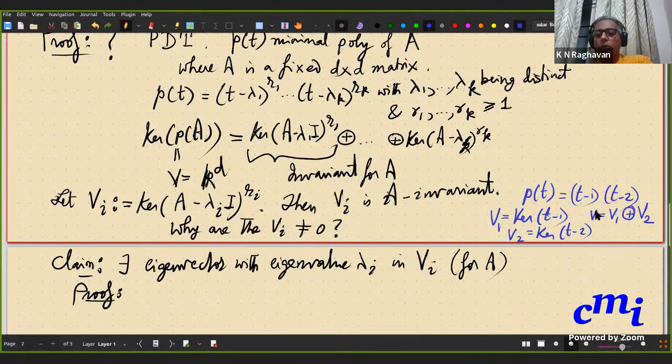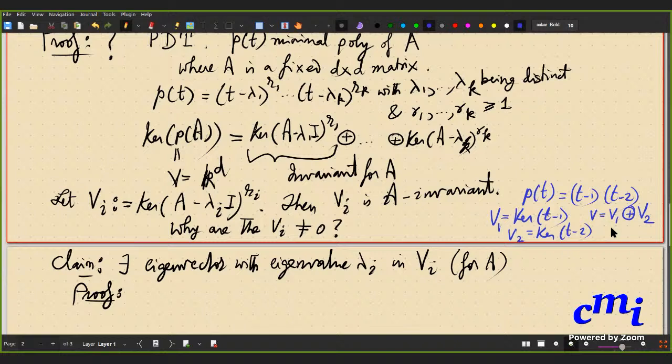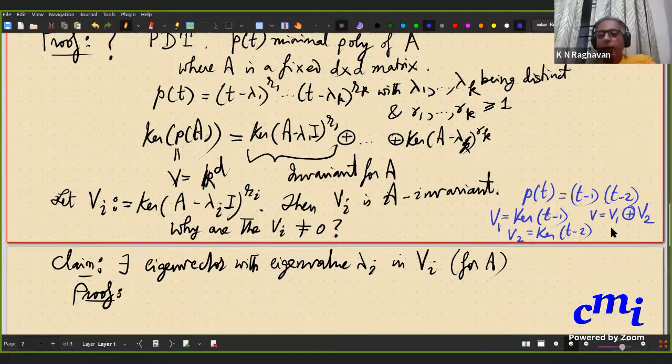Why is V1 not 0? What if V1 were equal to 0? What would happen? Right, so if V1 were 0, then the kernel of T minus 2 would be everything, which implies V is equal to V2.